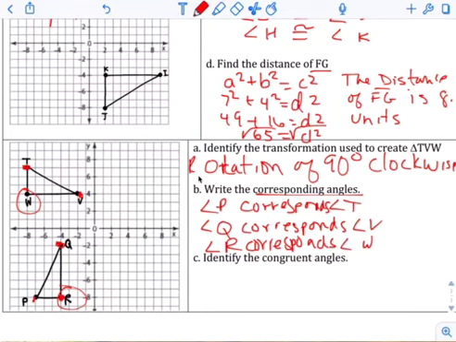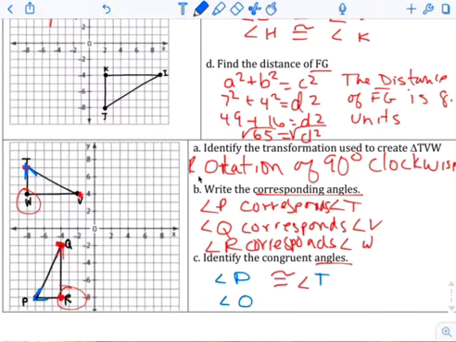Identify congruent angles. Oh, we need to write that symbol. That symbol stands for the word angle, okay? Looks like an angle, you see? Let's start with angle P. I'm going to use blue so you can see what I'm talking about. Angle P is congruent to angle T right up here.